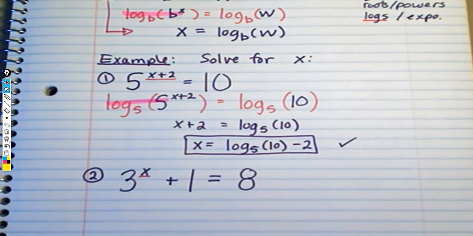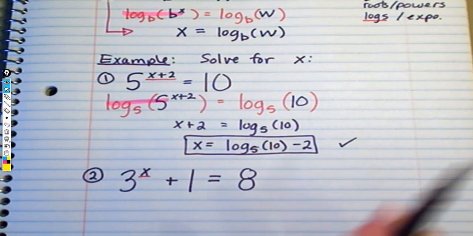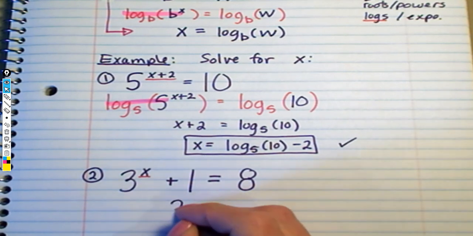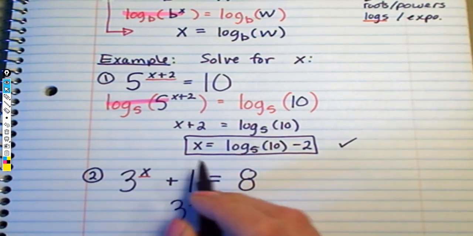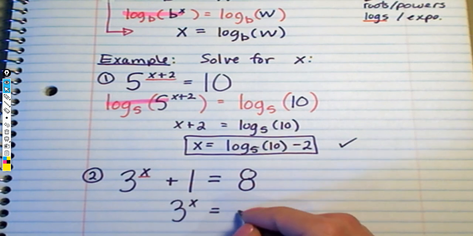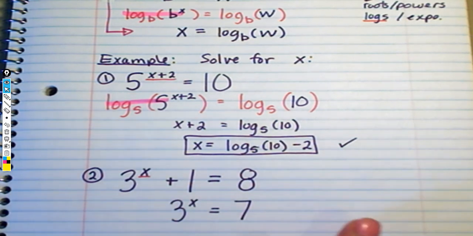Okay, solve for x. Keep in mind your PEMDAS. Before you get to the e, you have to undo the add, subtract, multiply, divide pieces. So I get 7. Now I can take the log of both sides.